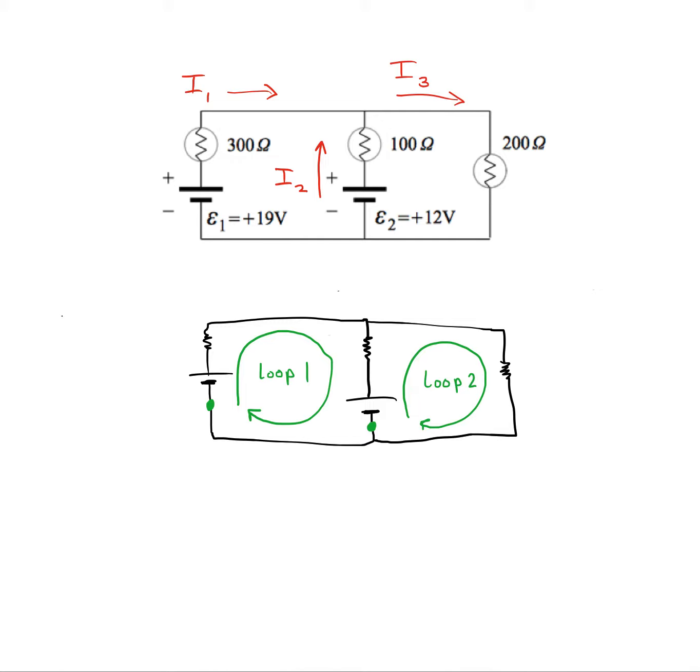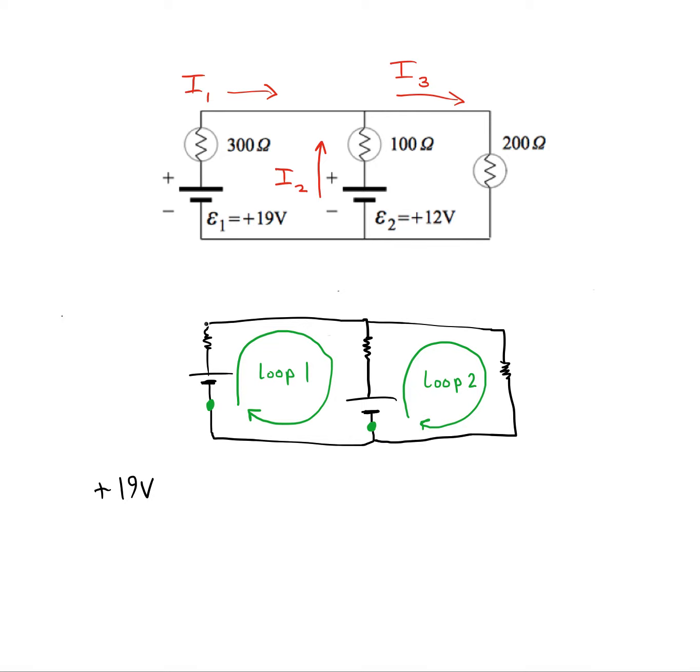So now we'd like to write equations for Kirchhoff's loop law. I'm going to start with loop 1. Now, as we move clockwise, we're going to go through this battery from negative terminal to positive terminal. And in that case, that means we're going to be adding 19 volts when we do that.